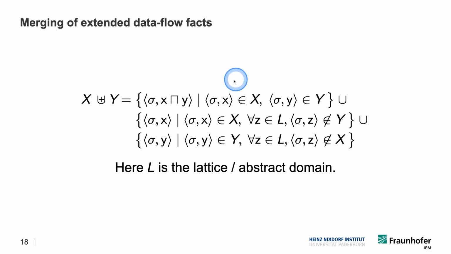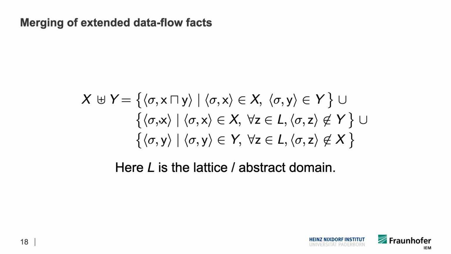Then we also do the following. If you have a data flow fact that is contained here in X, and for all other data flow facts that are part of the lattice, which are not contained in Y for the same particular calling context string, we only retain this particular X. This is basically saying, if there's no other data flow fact that relates to X for the same context, then simply retain X as it is, because X stands on its own and has no relationship to the other data flow facts.